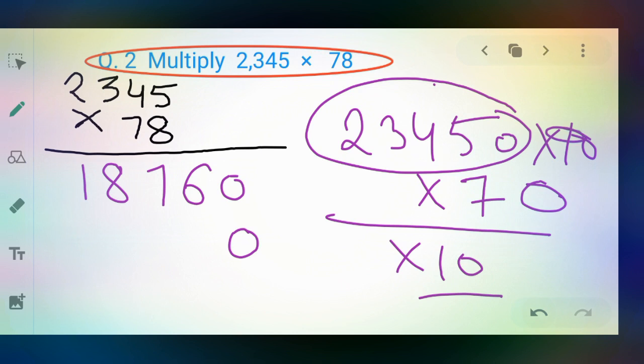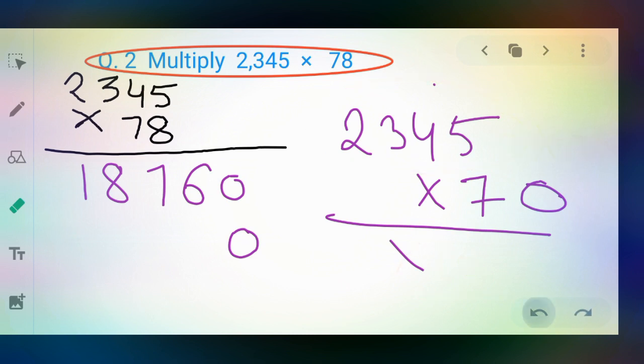So here what I am doing, dear student, I want to multiply this number by 7. So here first of all I put here 0. Whenever you multiply any number by tens place, you have to write 0 here. Keep in your mind, you can write 0 or maybe a cross.